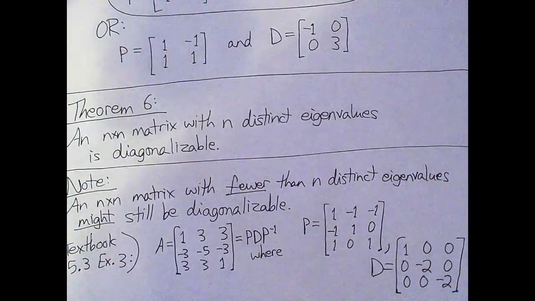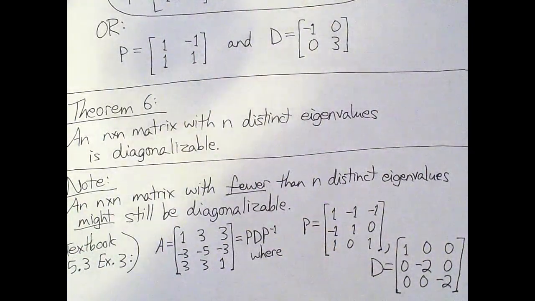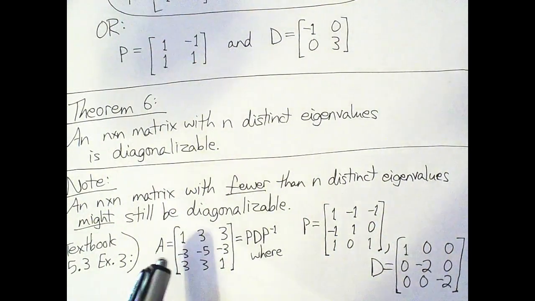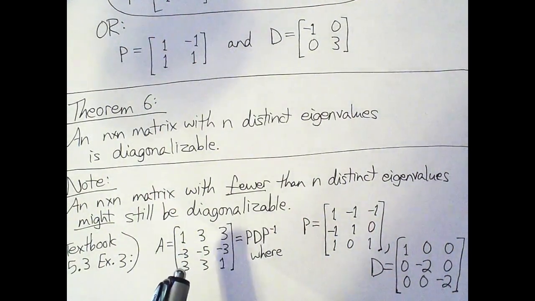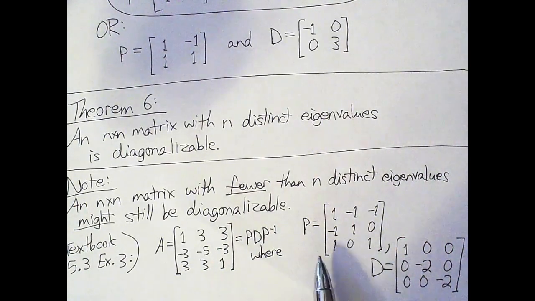I guess the important thing for whether or not a matrix is diagonalizable is theorem 5, the diagonalization theorem. It says an n by n matrix is diagonalizable if and only if there are n linearly independent eigenvectors. Well, look at this matrix P. Each of its columns came from a set of linearly independent eigenvectors.